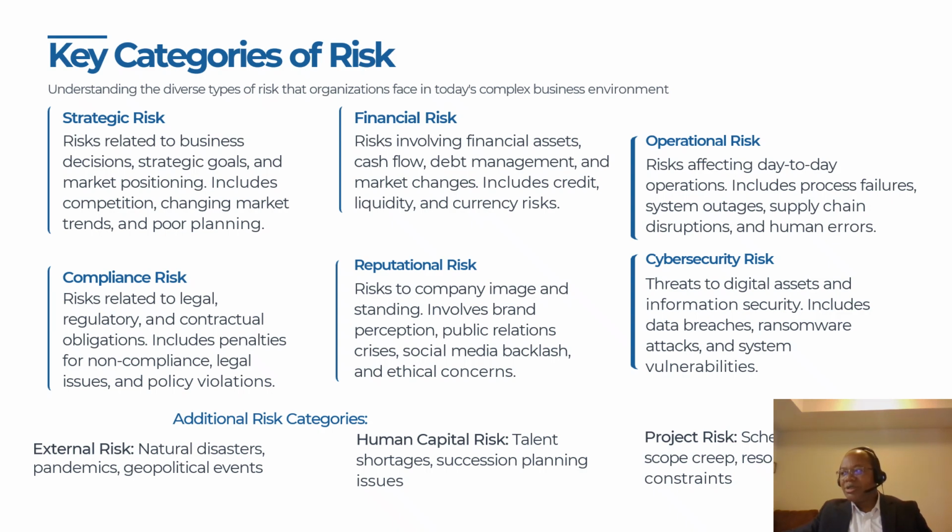It includes data breaches, ransomware attacks, and system vulnerabilities. So we must put certain things in place, which we are going to see later on, in order to prevent this from happening, because the impact can be very, very huge. Other categories of risk involve external risk, human capital risk, project risk. When you do a project, you want to get engaged, schedule delays, scope creep, and resource constraints. This way, you are able to ensure that your projects are done within schedule and within budget.